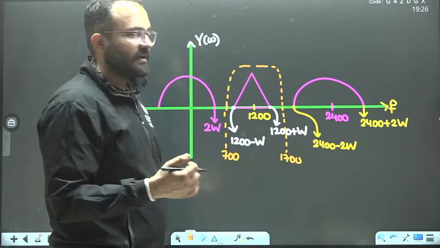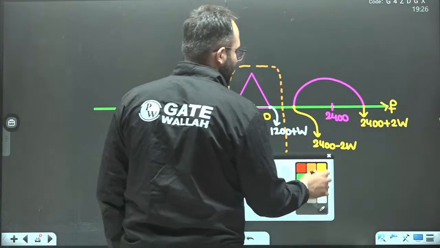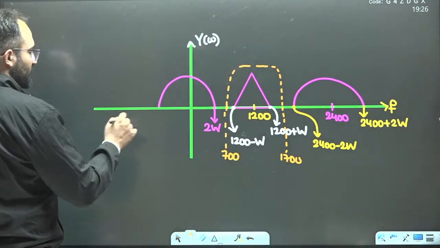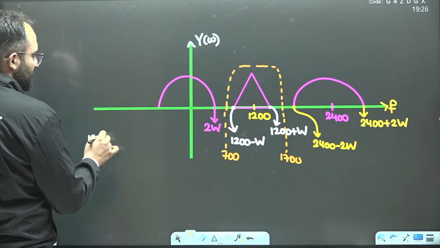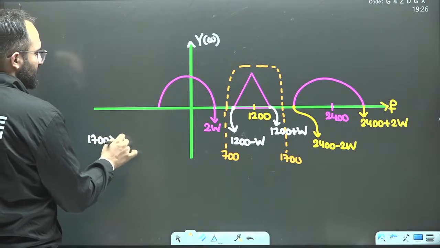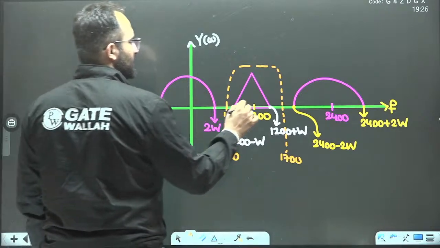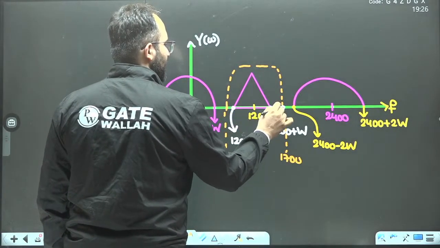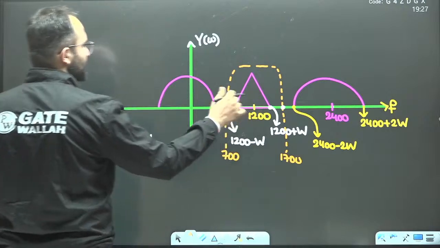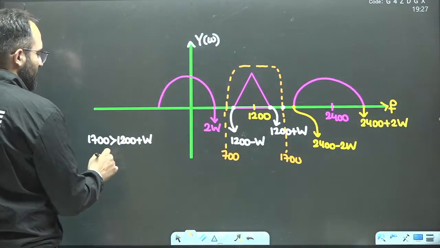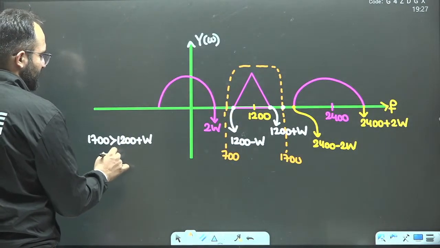So how can we get this term? This is possible only when 1700 is greater than 1200 plus W, so that the triangle is not truncated. So we can see that W should be less than 500.